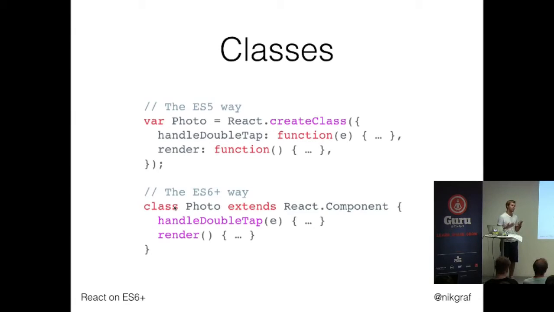So the beauty of it is that it will be more easy to combine, extend, and let libraries work together, because it will have the same class feature. And also, if you look at the syntax here, it's pretty simple.